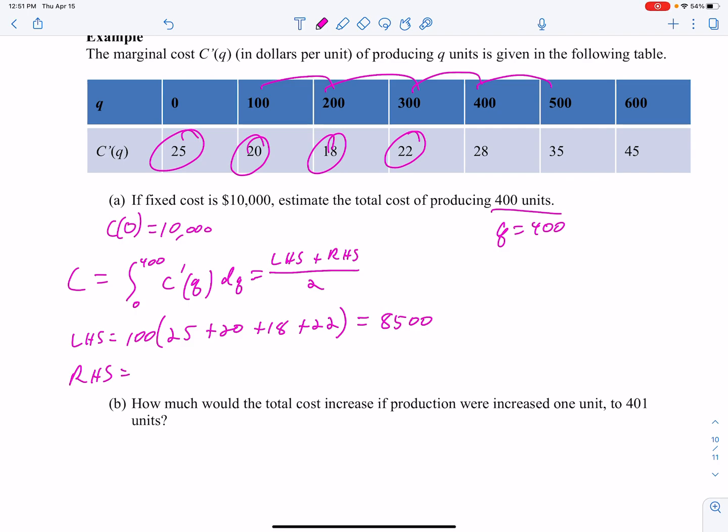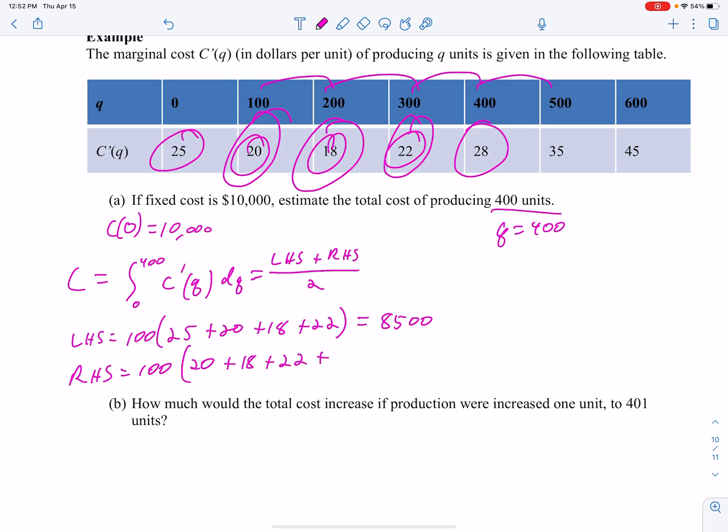And then the right-hand sum. Again, the delta Q is still 100, but now we start with the higher numbers. So 20 plus 18 plus 22 plus 28, and that equals 8,800.